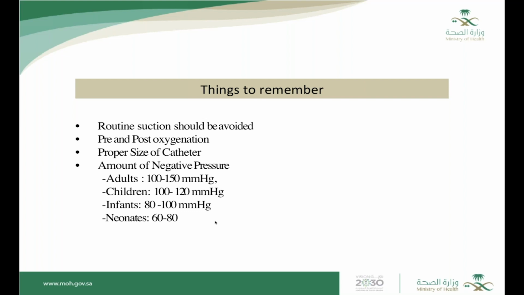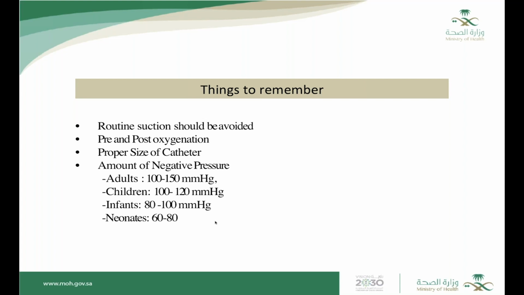At least, if you can, do it once every 2 hours. Because especially if the patient is ventilated and you are taking off the circuit and placing the catheter, doing the suctioning, you are really affecting the patient by any means.